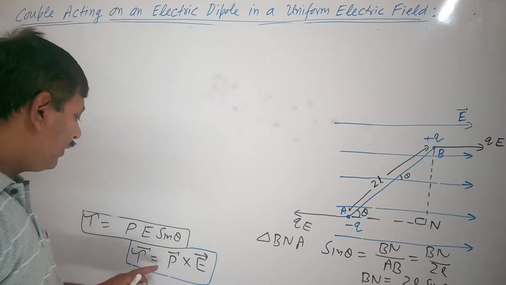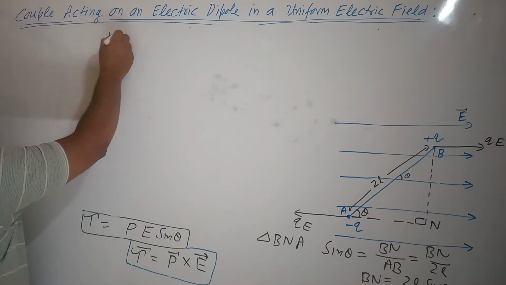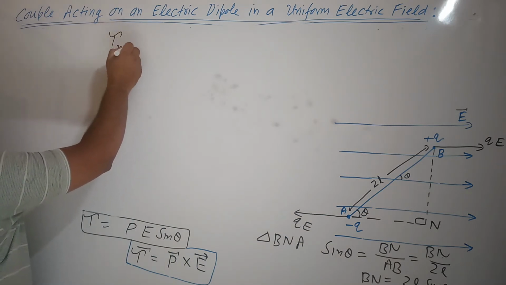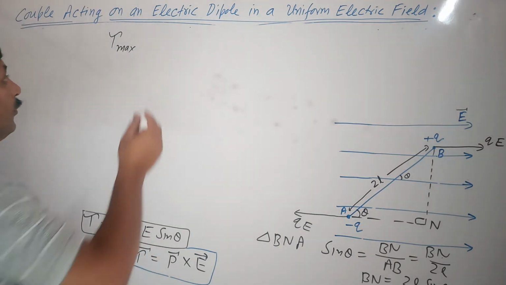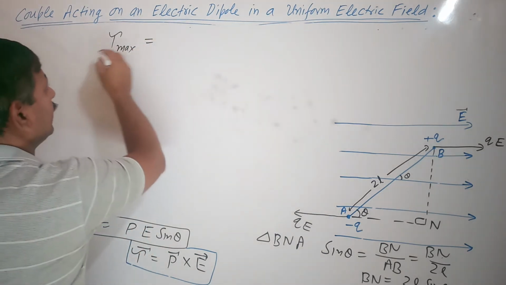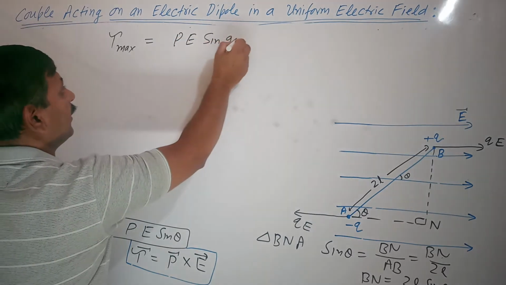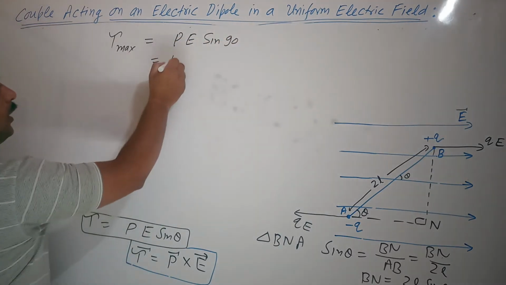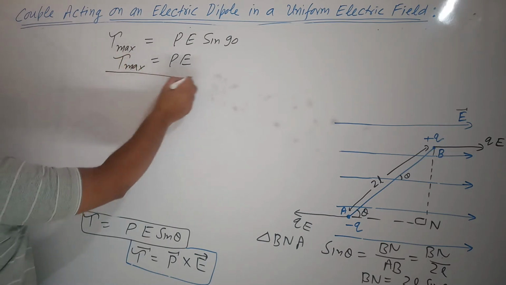So here you can see sin theta is maximum, so the torque is maximum when theta is equal to 90, since sin 90 is 1. So the maximum torque will be PE.